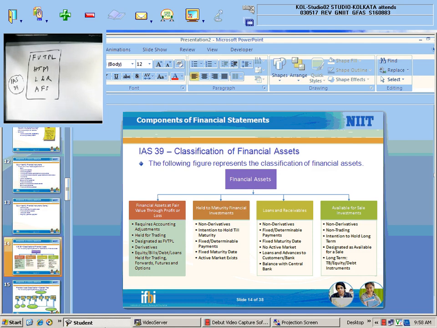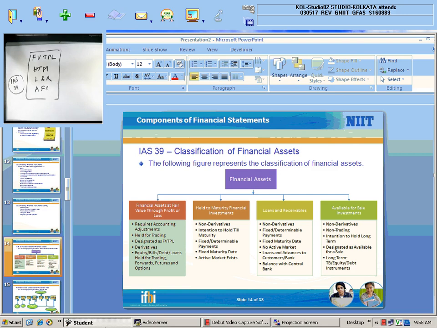And the fourth category, available for sale financial assets, includes financial assets that do not fall into any of the other categories or that the entity otherwise has elected to classify into this category. For example, an entity could classify some of its investment in debt and equity instruments as available for sale financial assets.